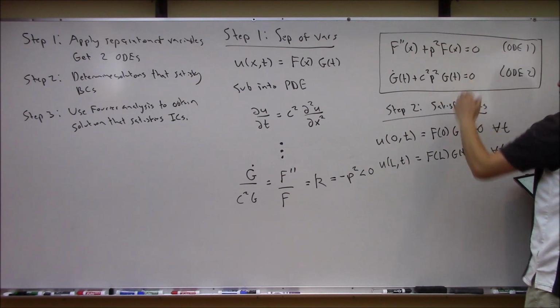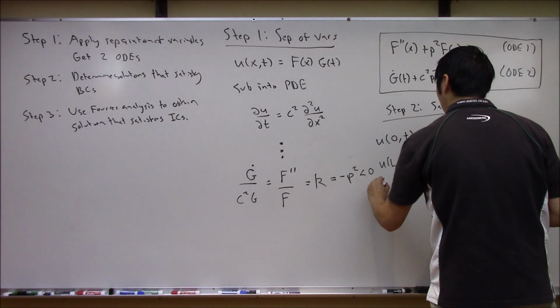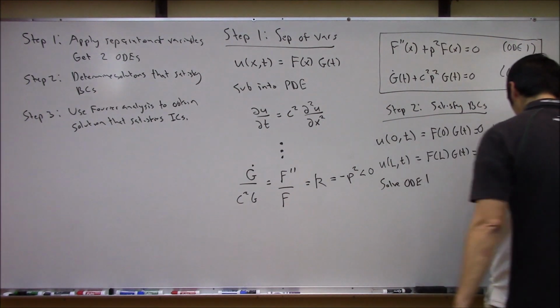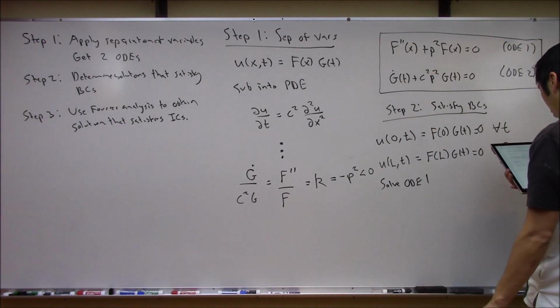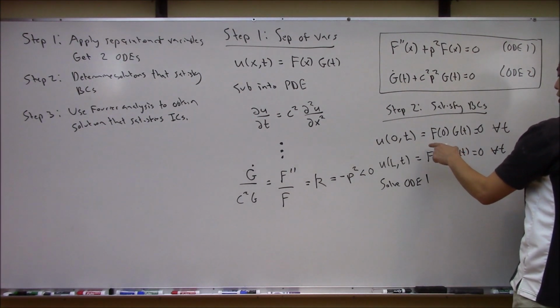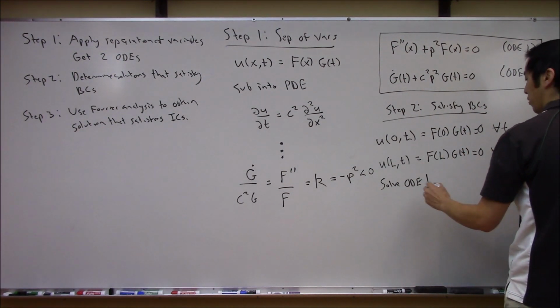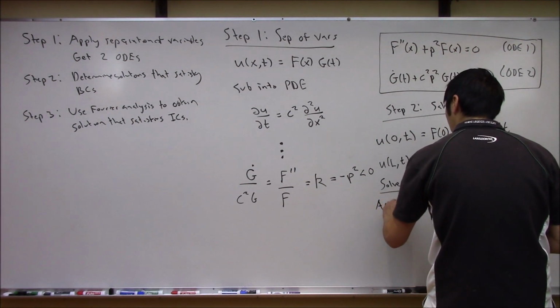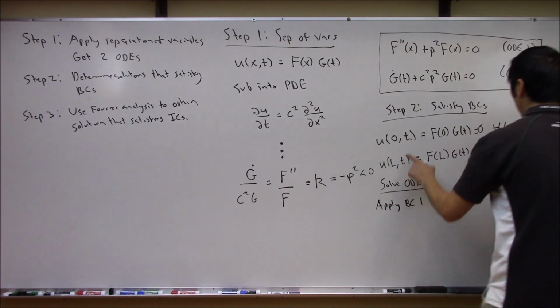How about we start with ODE 1 here. So let's solve ODE 1, right? We can first use our first boundary condition. So let's apply BC1. Maybe we should have labeled this here.